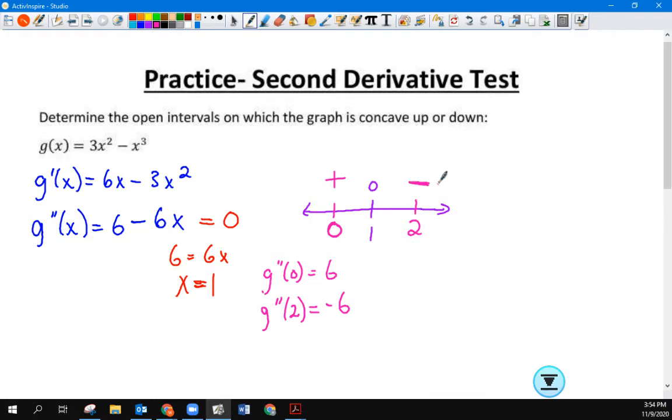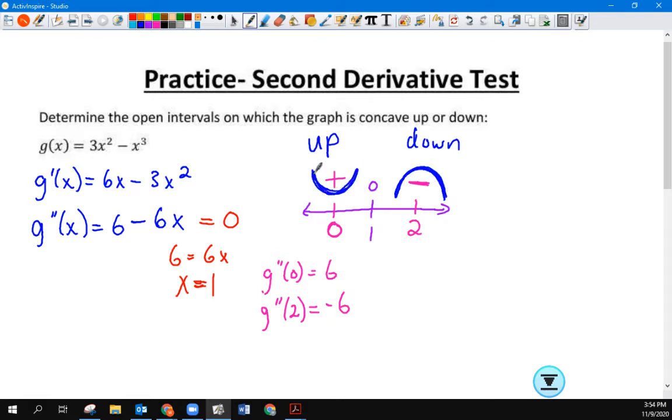So basically, this is telling me my concavity. On the left side of 1, this is concave up, which looks like this. On the other side, it is concave down because it's negative. It looks like this. So the cup is down. Okay, so when it's negative, the cup is down.